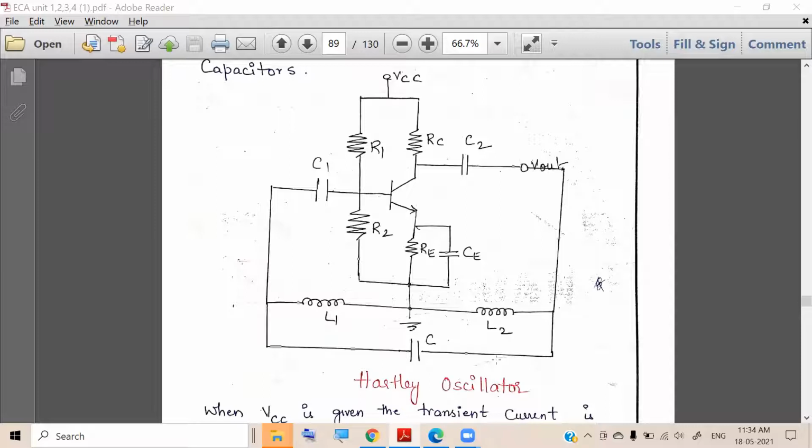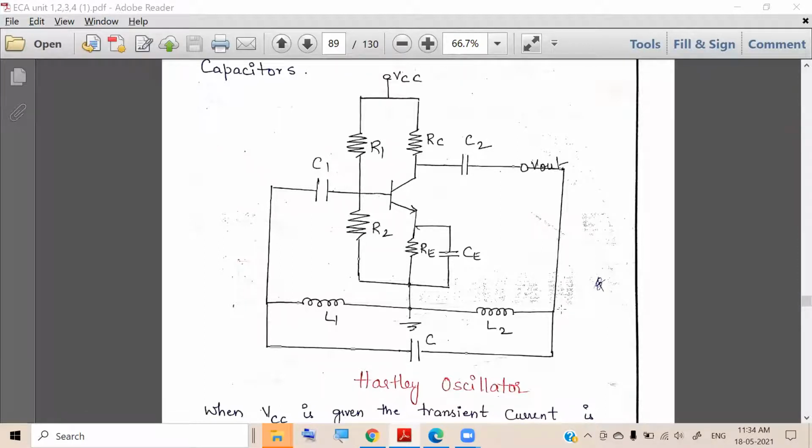Easy question and very important question. Two inductors and two capacitors? No, two inductors and one capacitor. Hartley oscillator, in the feedback path: two inductors, one capacitor.